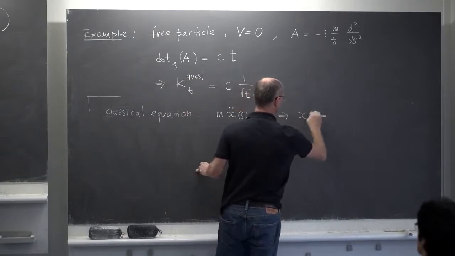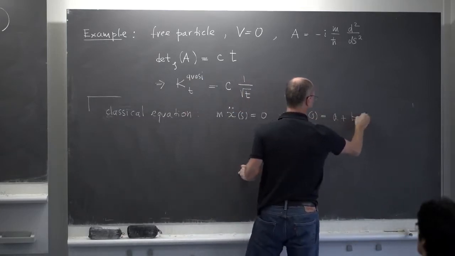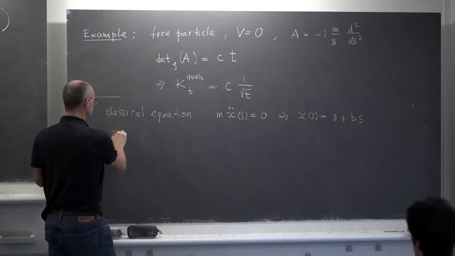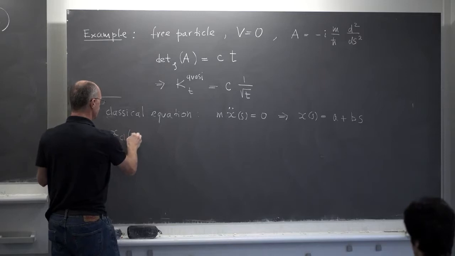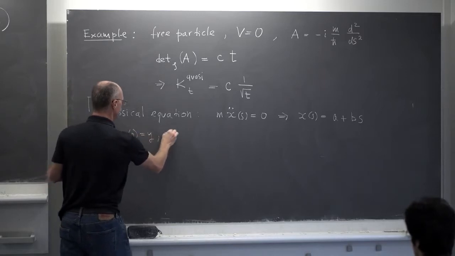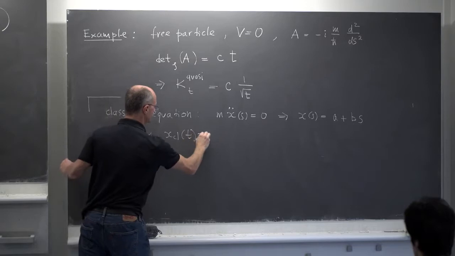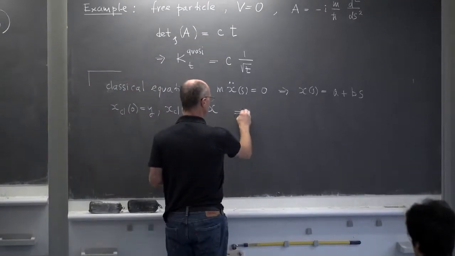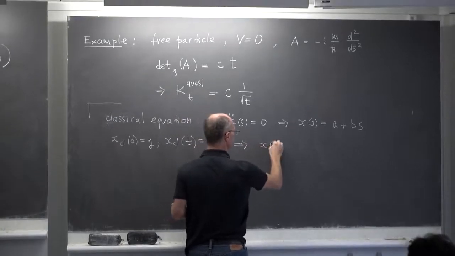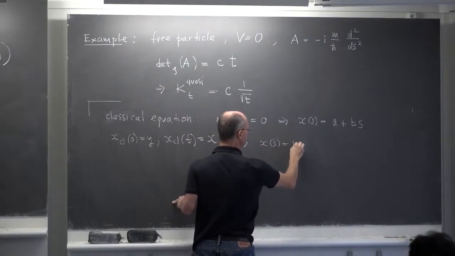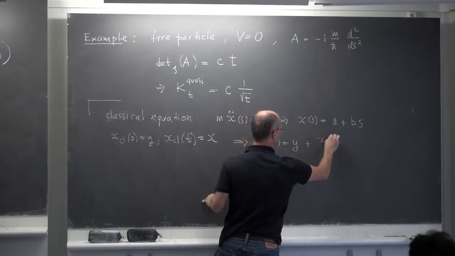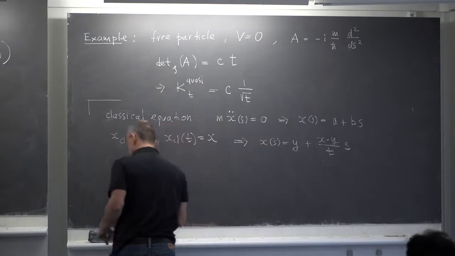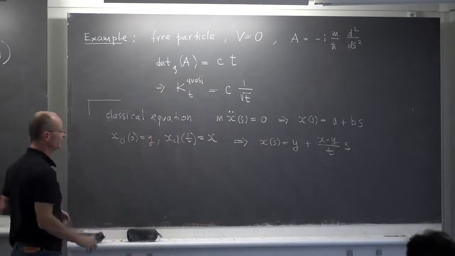So x of s is equal to a plus b s. Well, we impose the conditions that x classical of 0 is y, x classical of t is x. So then this implies x of s is equal to y plus (x minus y) over t times s, right? So now we're kind of back to elementary school.